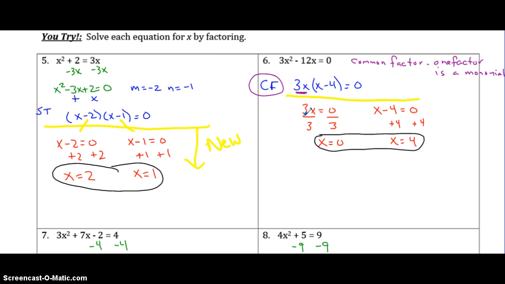You're only going to be dividing by the coefficient. So you're always going to end up with x equals 0 as one of the solutions. So basically, anytime you have a factor here with no brackets, that means your solution is always going to end up being 0.